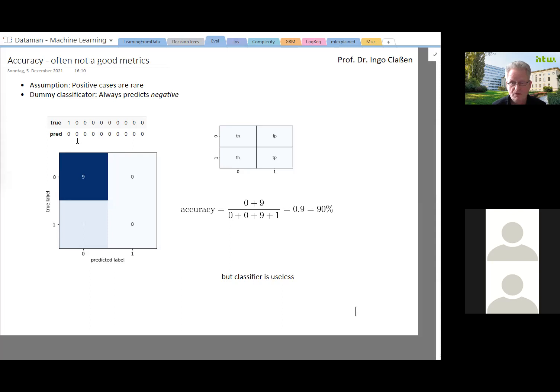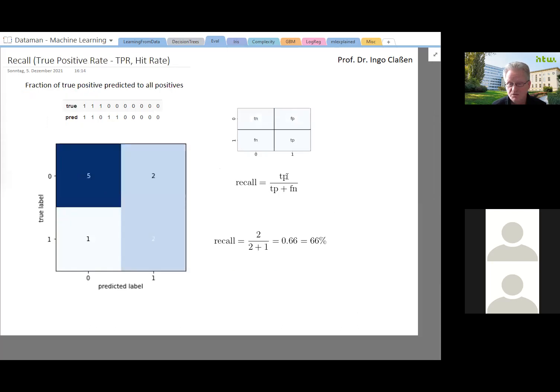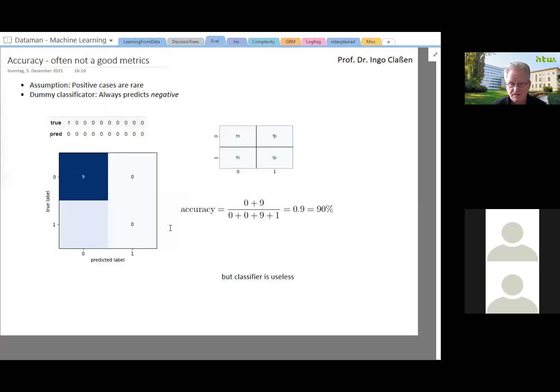And how many have we predicted as being positive? 0. The true positives are 0 in that case, divided by 1 delivers 0. So the recall would be 0.